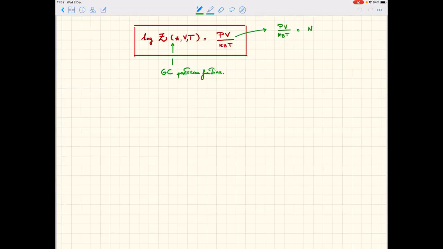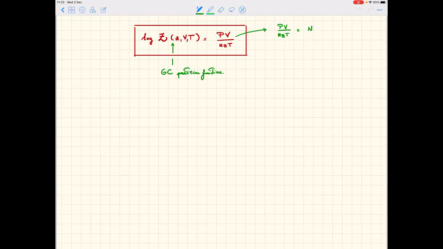For the canonical partition function, what I have is that the log of Z is equal to minus beta times the Helmholtz free energy. So this is my connection between thermodynamics and statistical mechanics. For the grand canonical partition function, the connection is that the log of the grand canonical partition function is equal to the ratio of PV over KBT.